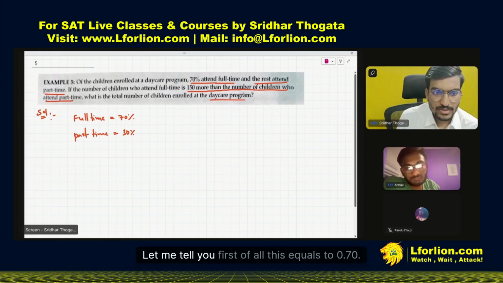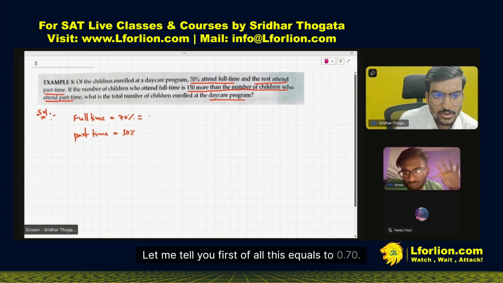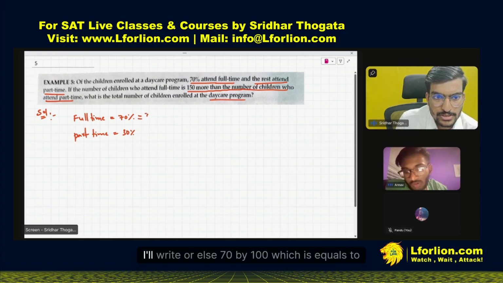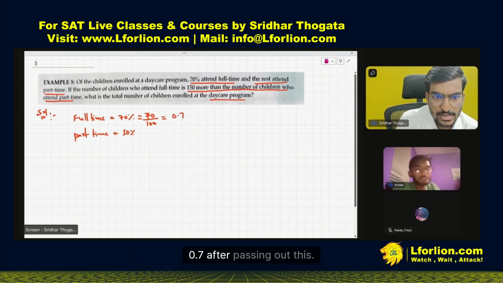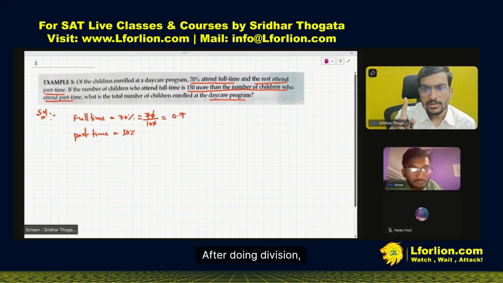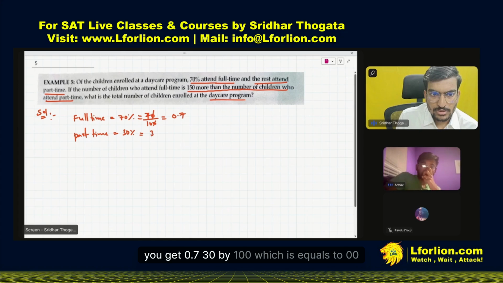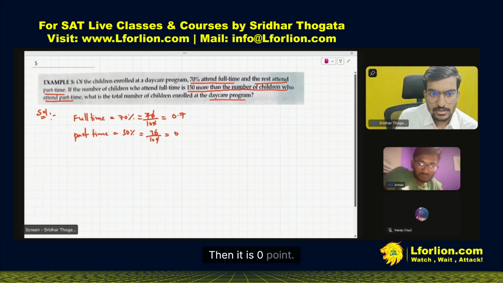Let me tell you. First of all, 70 by 100 equals 0.7. After doing division, you get 0.7. 30 by 100 is 0.3.